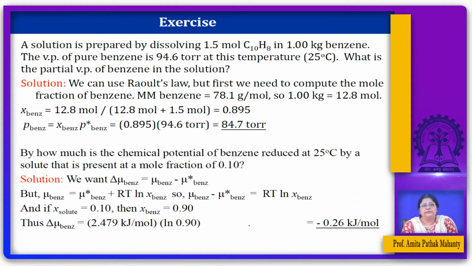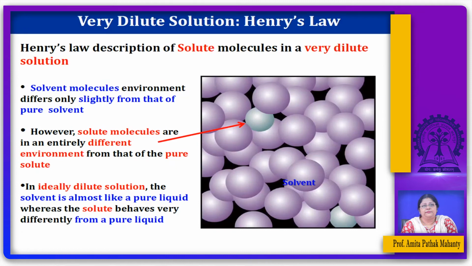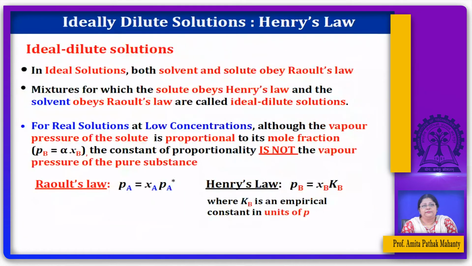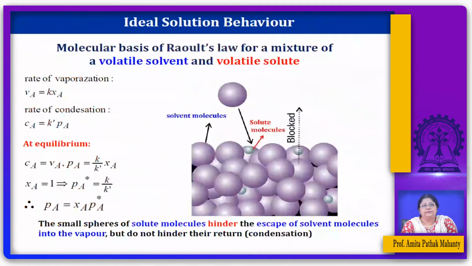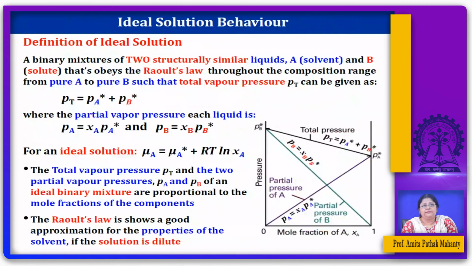And what was the expression which we had used? This is the expression. So I have to find out the difference between mu A minus mu A star, which will be equal to RT ln mole fraction of A. You have to use this expression, right?